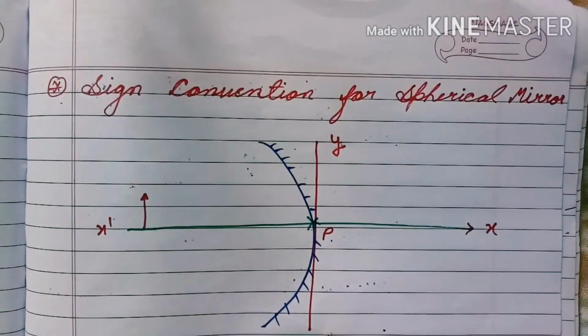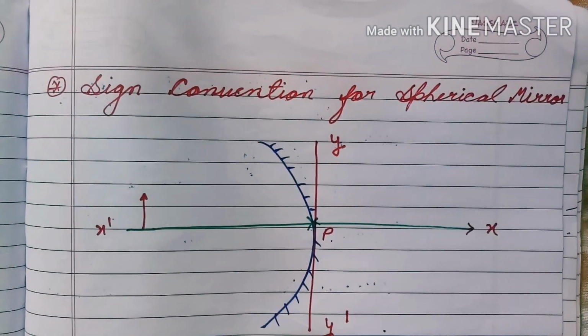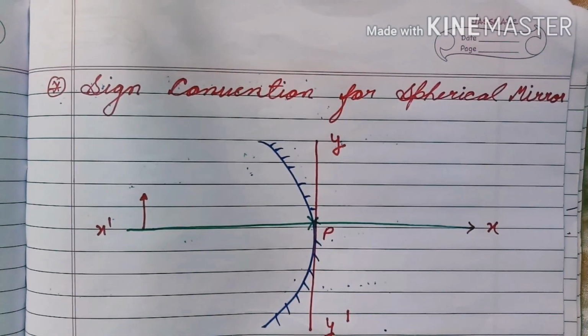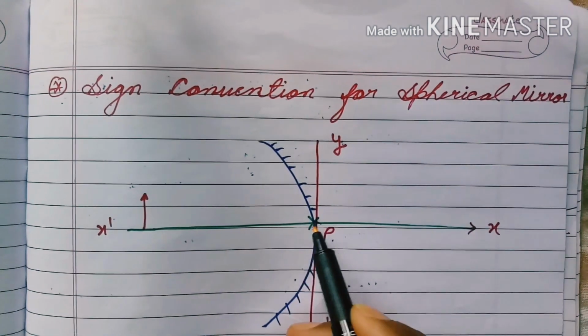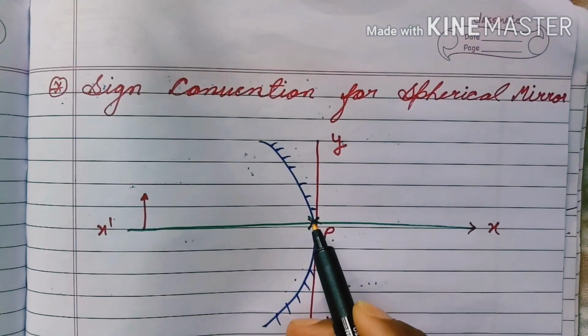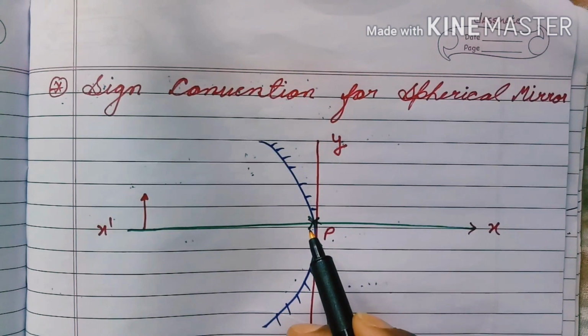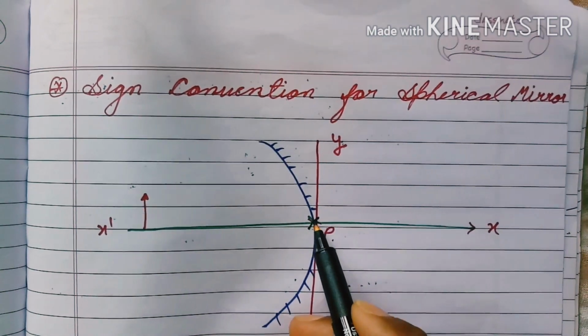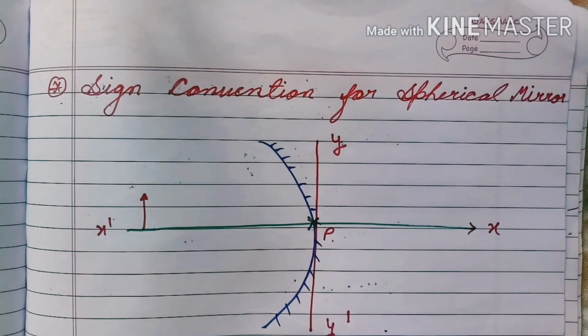So first of all, the distances are measured from the pole of the mirror, means here. Okay students, whichever distance you measure, you must measure it from this pole. Now the second point is those distances which are measured in the direction of incident light are taken as positive.